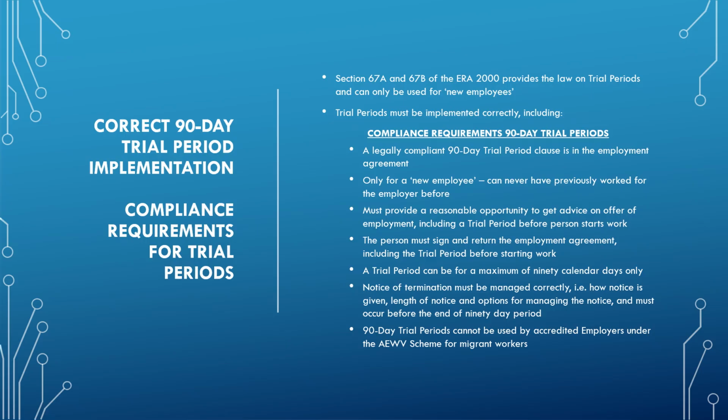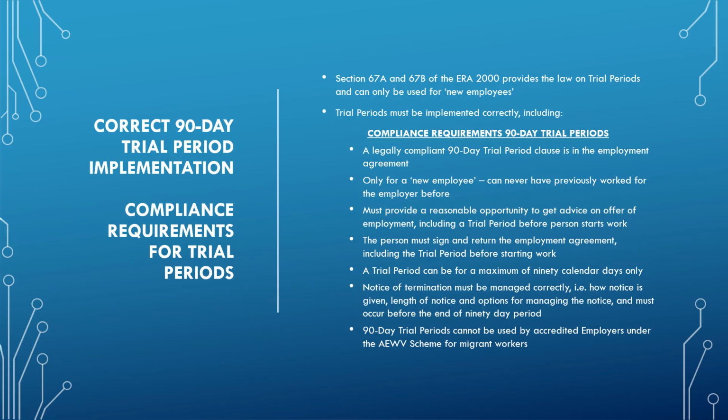The other really important one, which is sometimes missed by employers, is that the new employee must sign and return the employment agreement, including the 90-day trial period clause in it, before they start working. So don't allow a new employee to show up on their first day of work with an unsigned employment agreement.